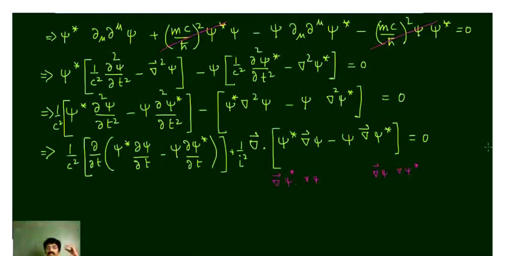Now these two get cancelled, right? These are the two terms which I am getting after taking the divergence of this vector. So these two terms get cancelled. So you understand this. And this first term we get.